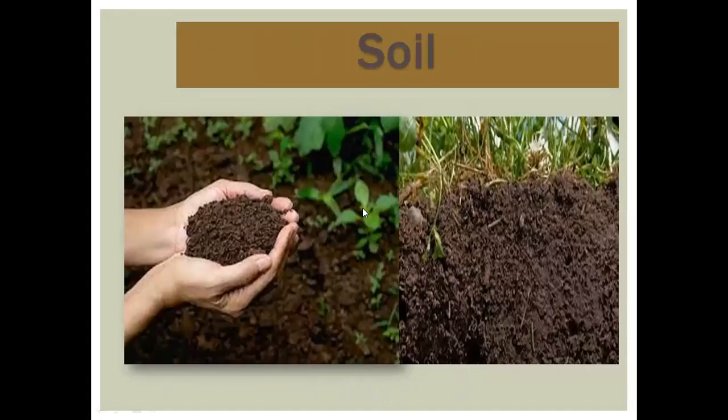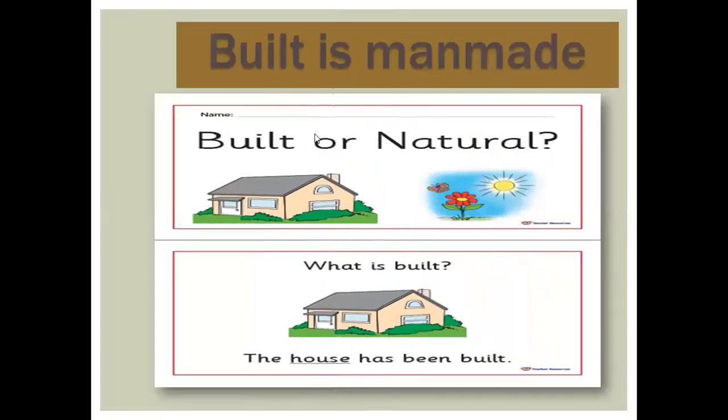Soils. So let's see, what is soil? Natural or man-made? Yes, boys, soil is a natural material from nature. Built or natural. So when you make a house, it is man-made.